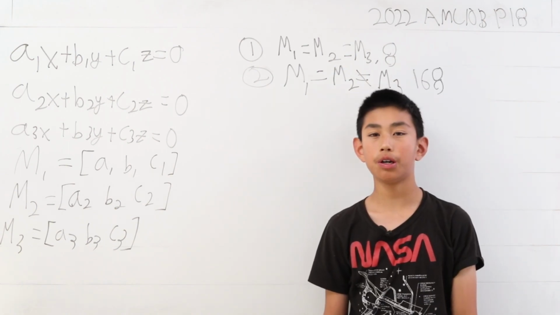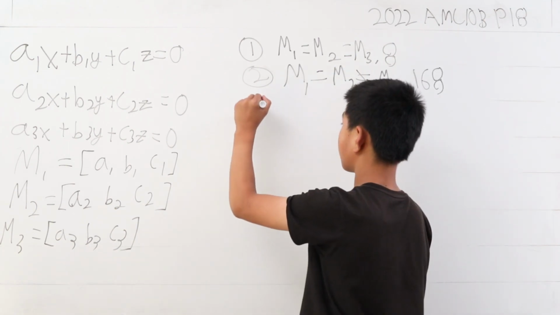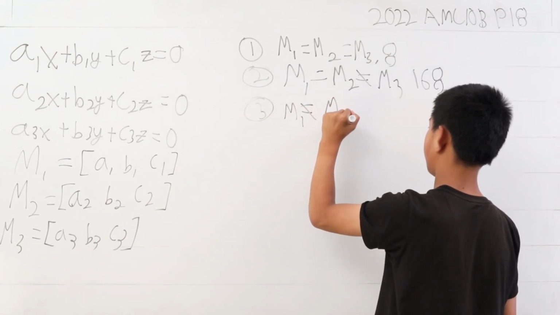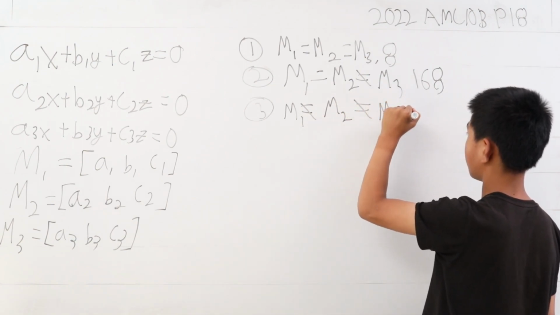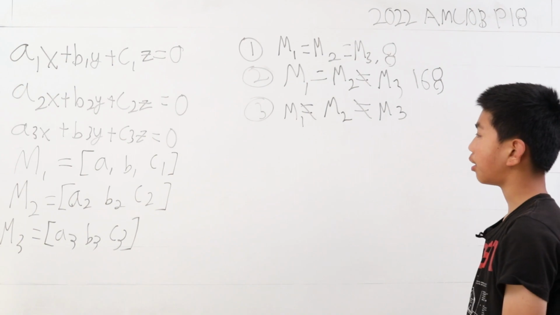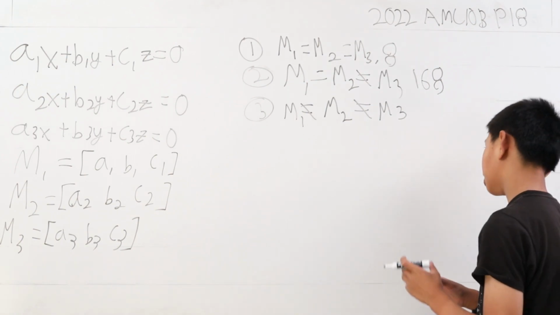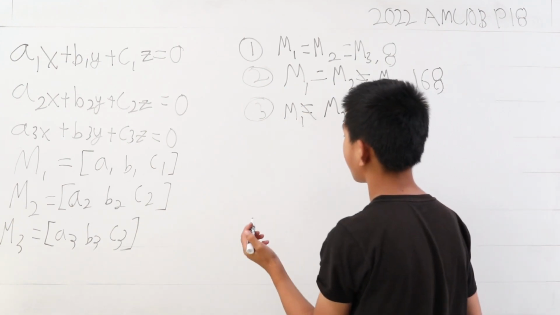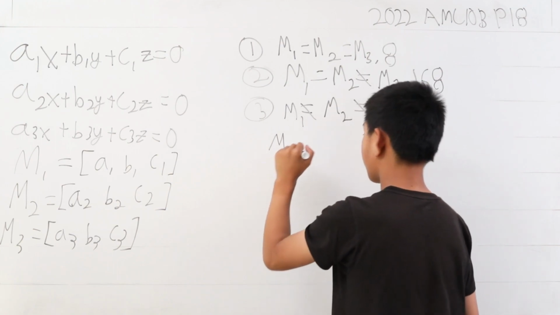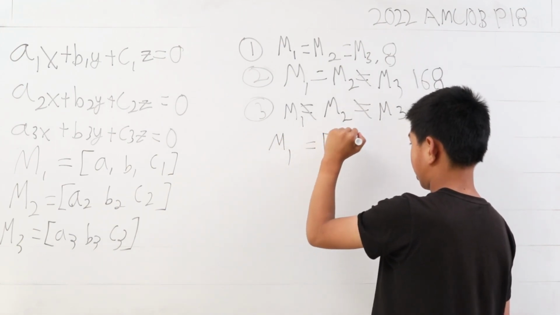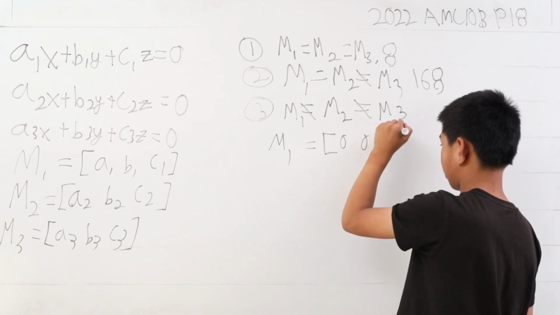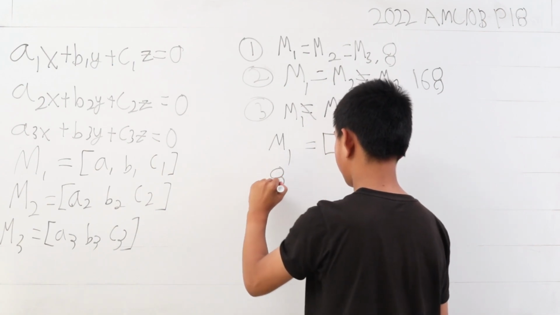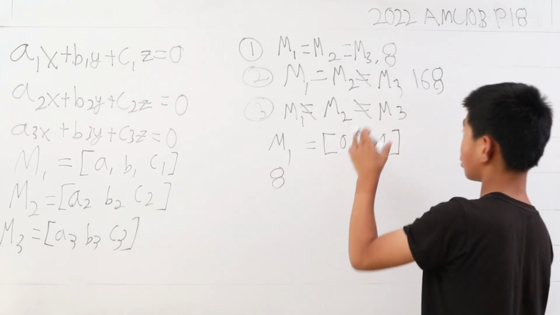Moving on to the third case. This is where all the matrices are not equal to each other. There are subsets inside this case. First, one of them has to be equal to the set 0, 0, 0. When this is possible, we have 8, or 2 cubed, which is the number of solutions when all are equal.